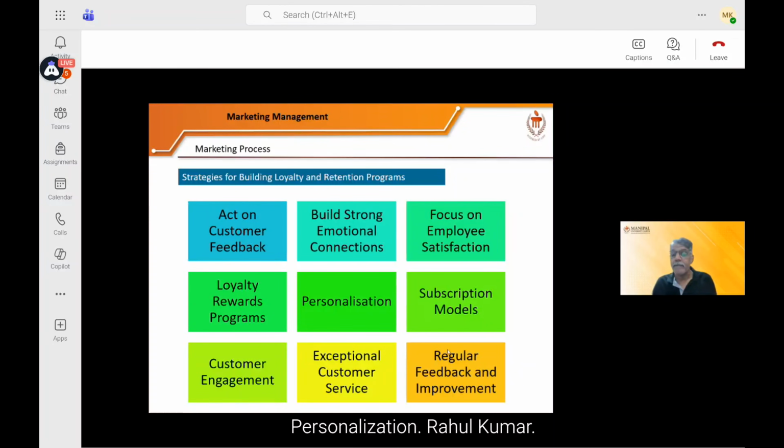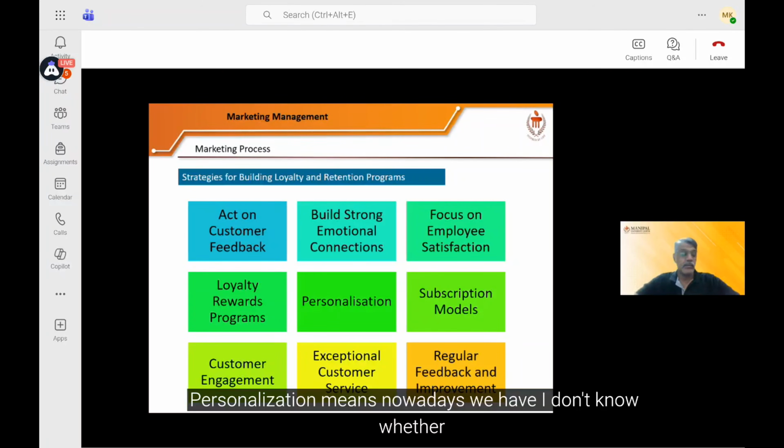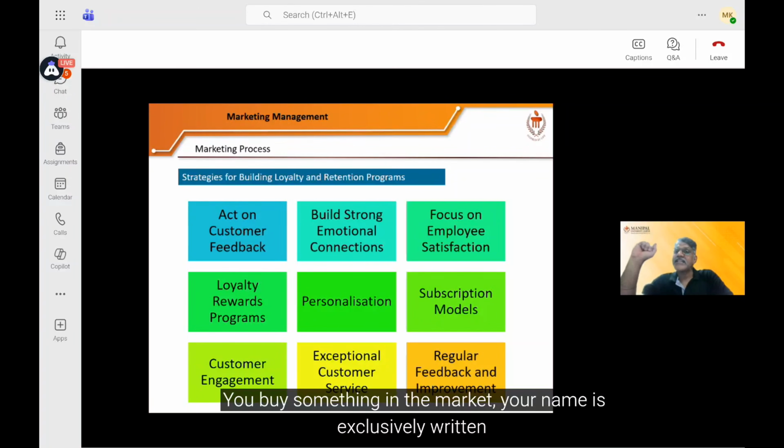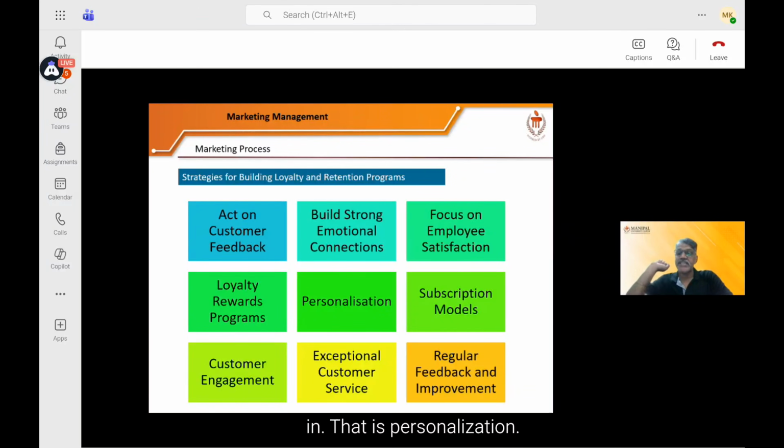Personalization, Rahul Kumar. Okay. Yeah, learner Manisha is asking the same question. Personalization means, nowadays, I don't know whether you are aware of it, you buy something in the market and your name is exclusively written on it. That is personalization. You go to a tailor to stitch a cloth.